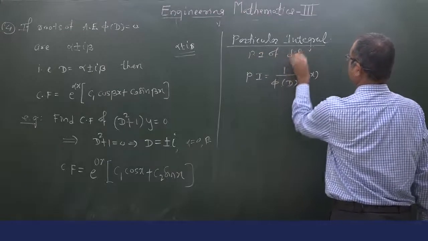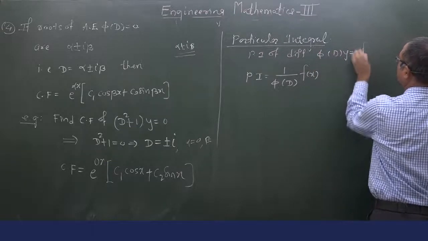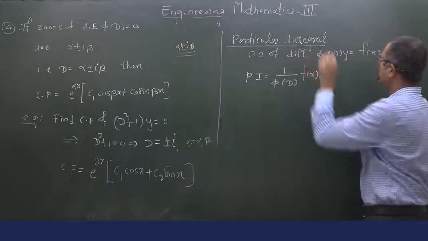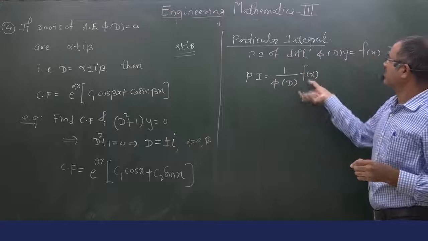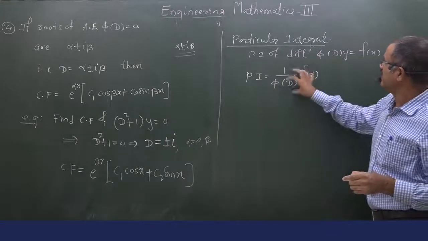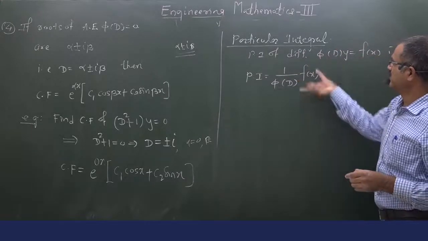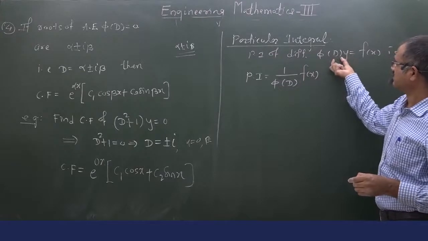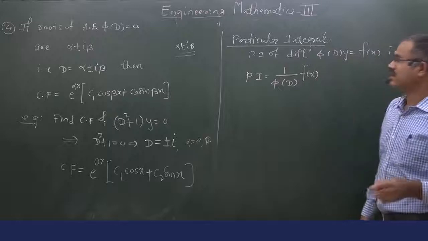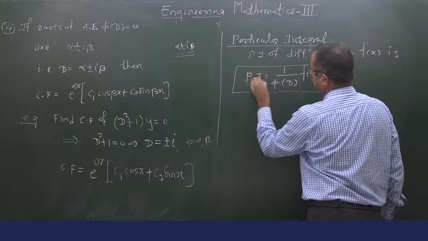This is the particular integral because it satisfies the given differential equation. If we put this value here, phi of D cancels and we get f of x.